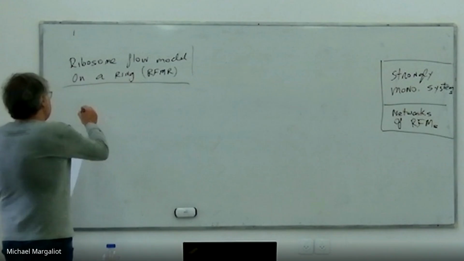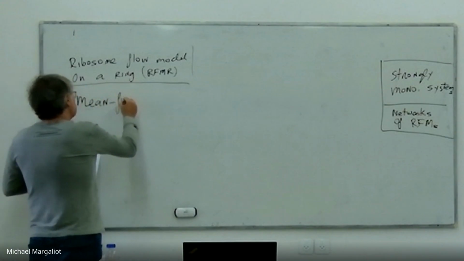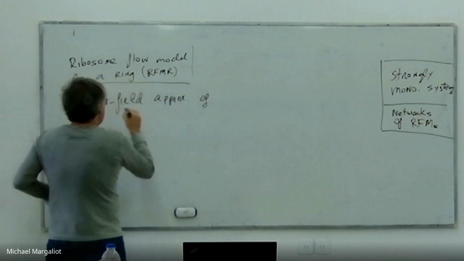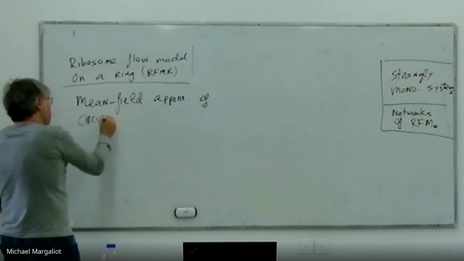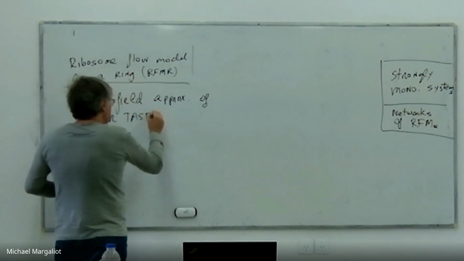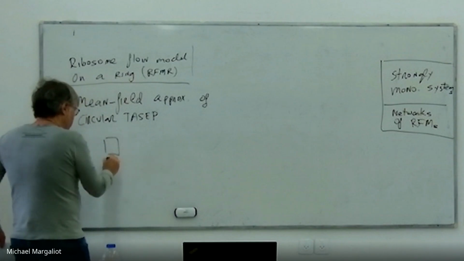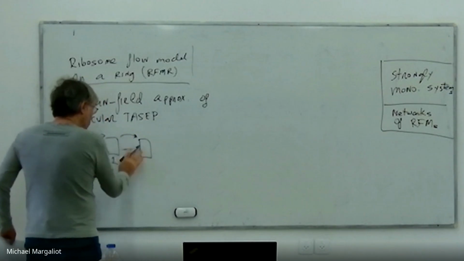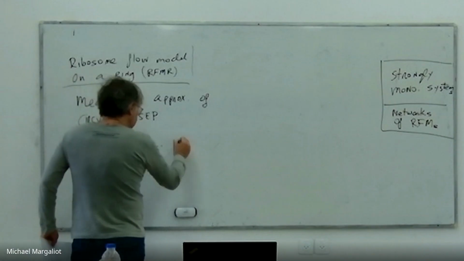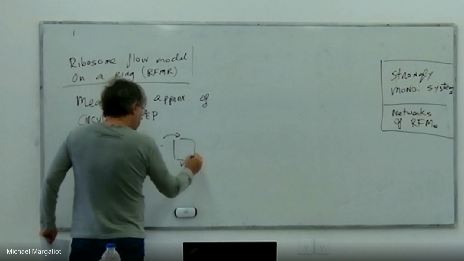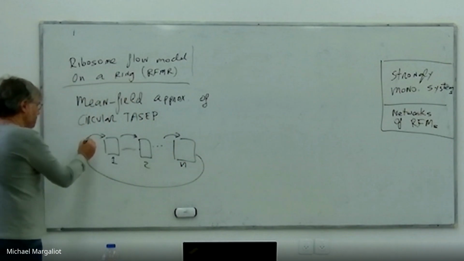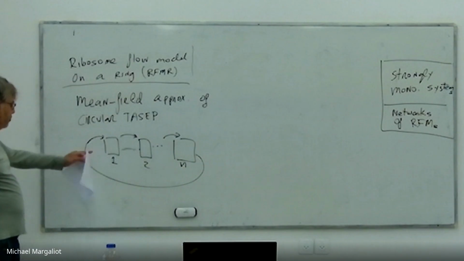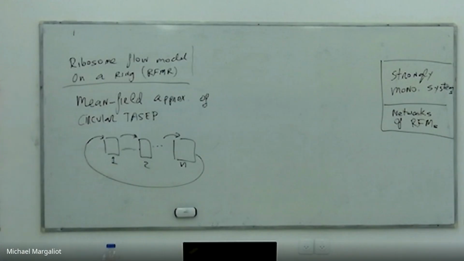It is the mean field approximation of the circular tassel, or closed tassel, which means that I have my sites like in the RFM up to site N, but the flow out of site N doesn't go to some empty reservoir somewhere, but it goes back to site number 1.